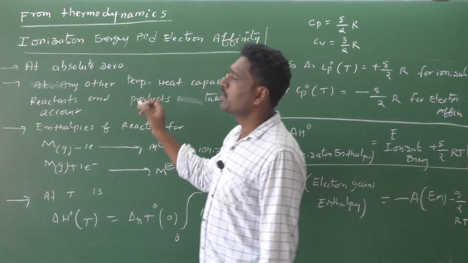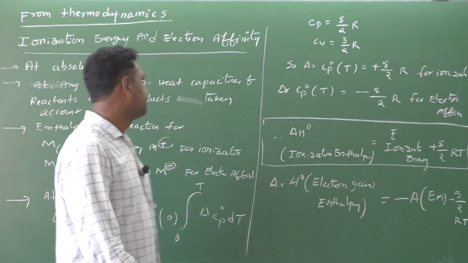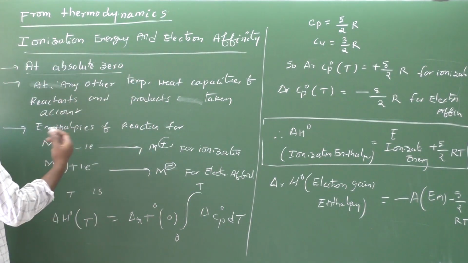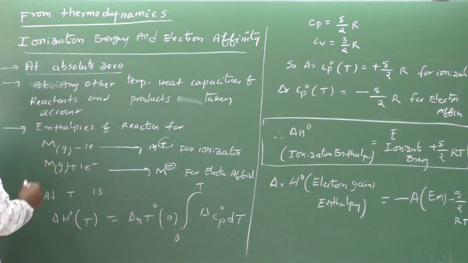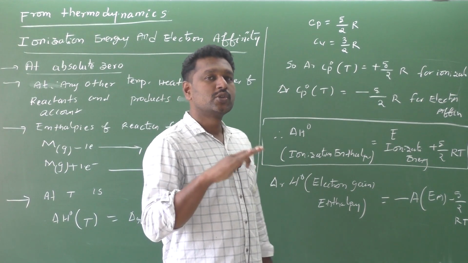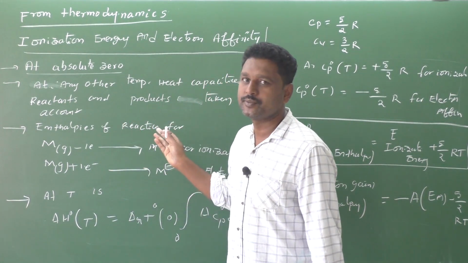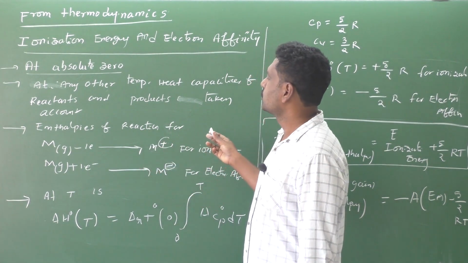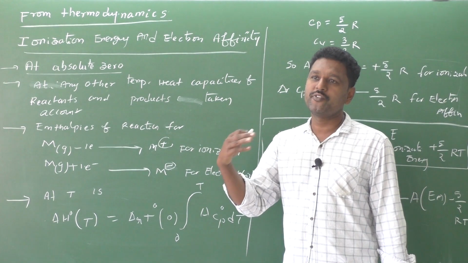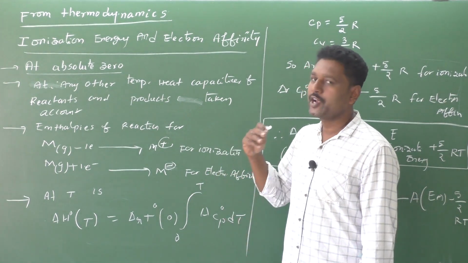At absolute zero, or at any other temperature, we consider the heat capacities of reactants and products. We have taken the heat capacities Cp and Cv: heat capacity at constant volume and heat capacity at constant pressure.